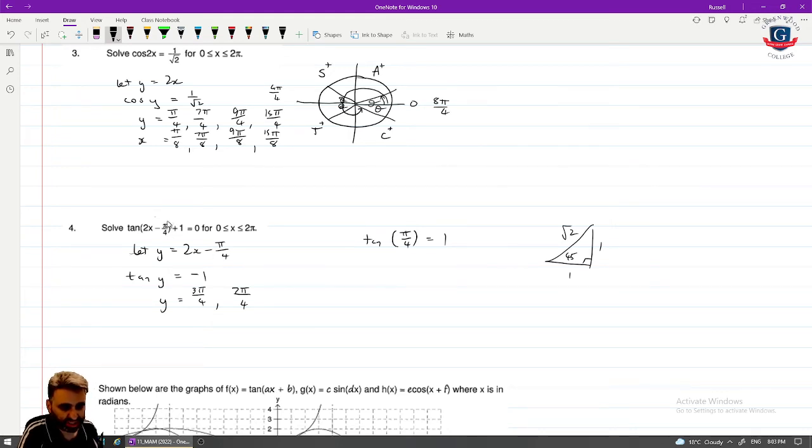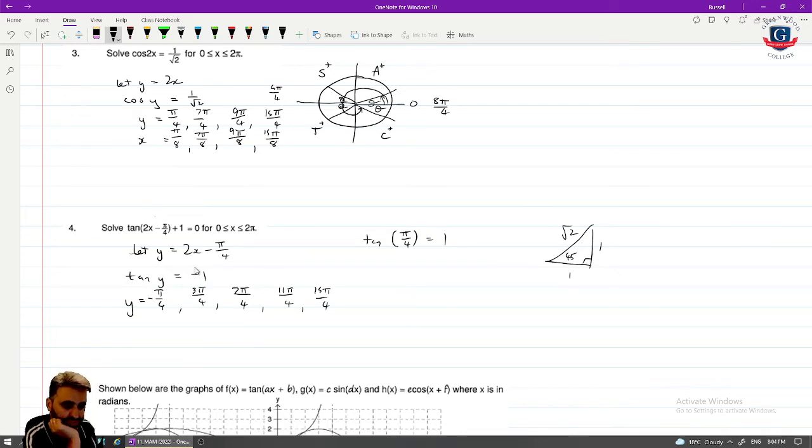Now the negative sign here indicates it's shifting to the right, so we should probably go back one solution as well just to check if it's within the bounds. So if we wanted this solution here as well, that would be negative pi on 4. And also go around another revolution, so that'd be plus 8 pi on 4, which would be 11 pi on 4 and 15 pi on 4.